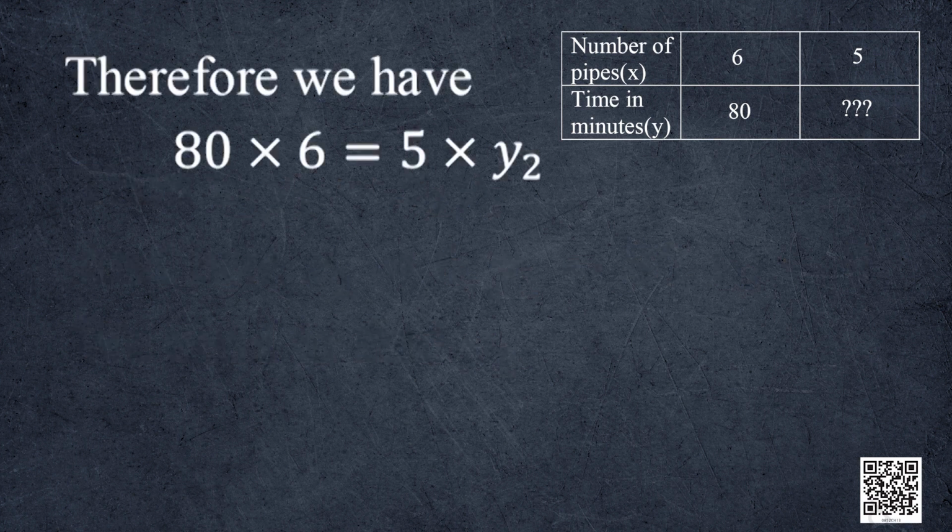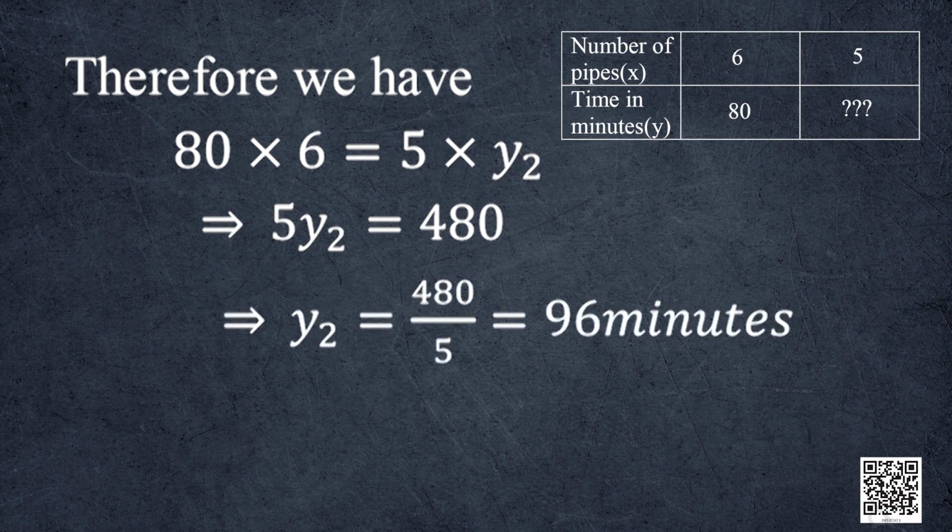Therefore, we have 80 into 6 is equal to 5 into y2, or 5y2 is equal to 480, which gives y2 is equal to 480 divided by 5, which is equal to 96 minutes.